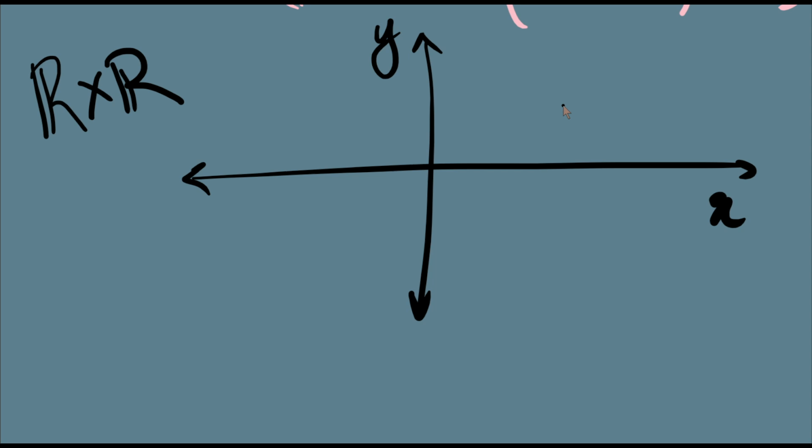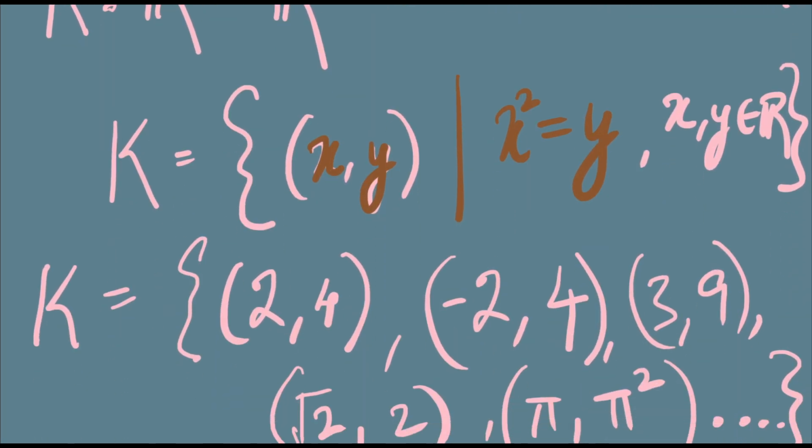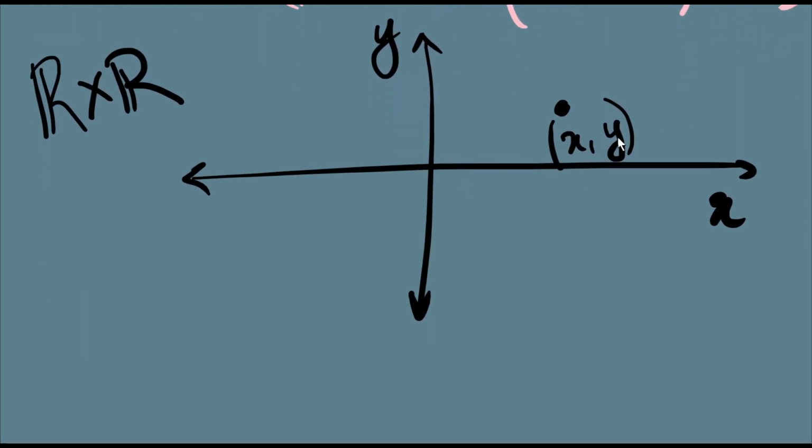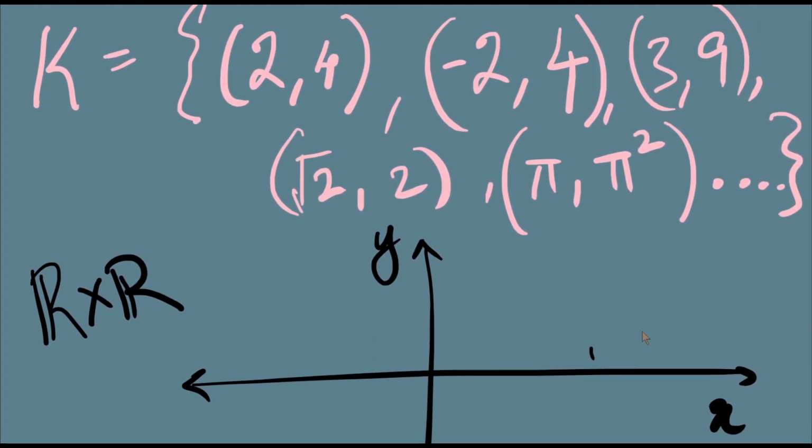Any point on this plane would be represented by the ordered pair x comma y, and that's exactly what we are doing with R cross R. So R cross R will be all the elements in this plane. How would you depict your relation in this plane? It would be all these points in the plane wherever they land, and hopefully we'll see some pattern.